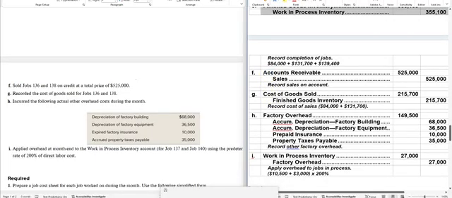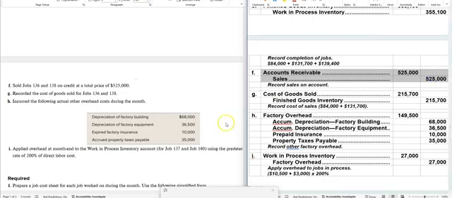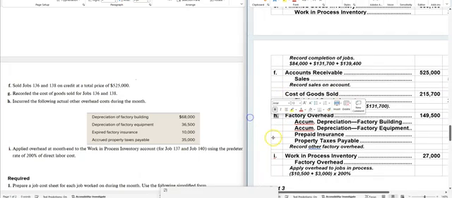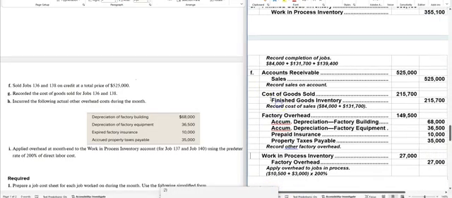We need to record the revenue earned. So we are going to debit accounts receivable and credit sales for the selling price. And then we need to transfer the cost of that inventory that was completed out of finished goods.